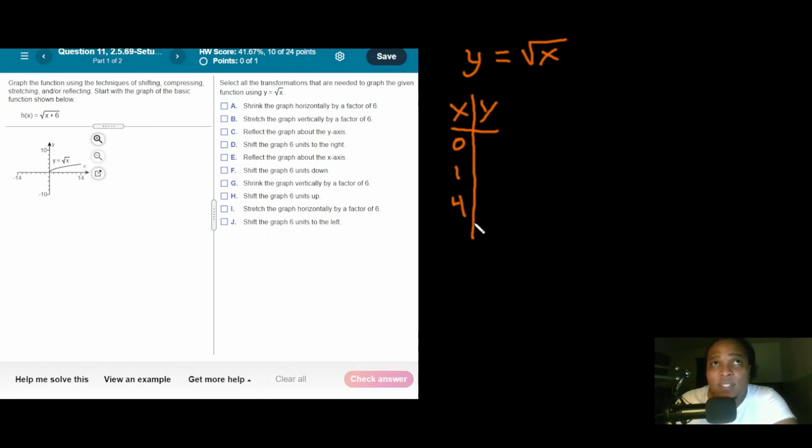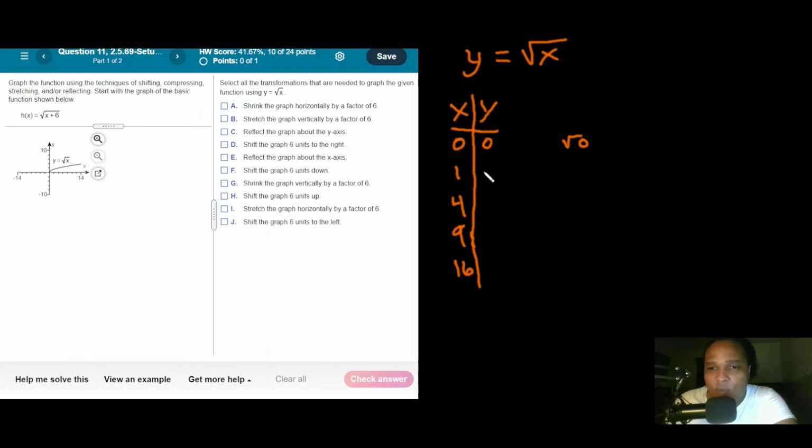Let's see, 5, 6, 7, 8, 9 is a perfect square. How about one more perfect square? 9, 10, 11, 12, 13, 14, 15, 16. Yeah, we can take the square root of 16 because we know the square root of 16 is 4. So what are our y's? Well, to get your y's, you plug in your x, right? So here will be the square root of 0, which we know is 0.